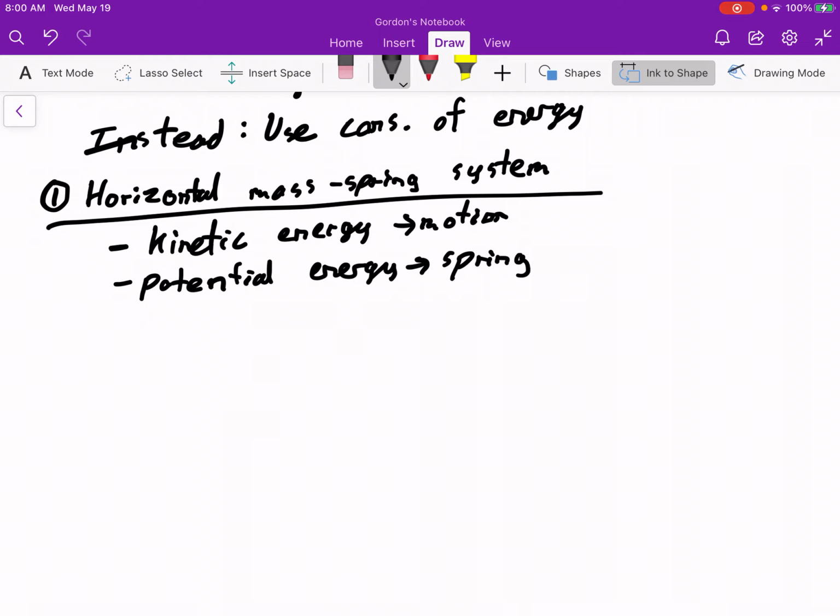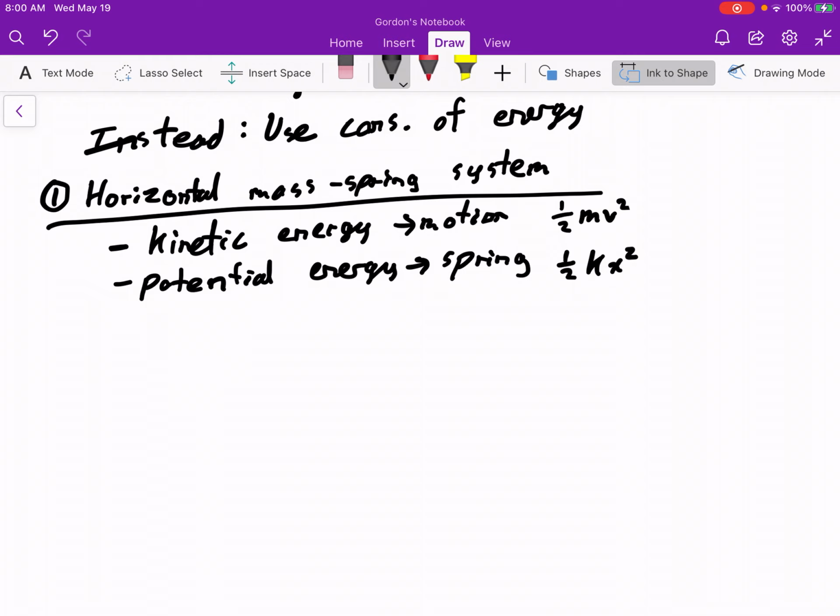We're not going to have to worry about gravitational potential energy, because we're assuming it's horizontal, so there is no gravitational potential energy involved. 1/2 mv squared is how we calculate the kinetic energy. 1/2 kx squared is how we figure out the potential energy.